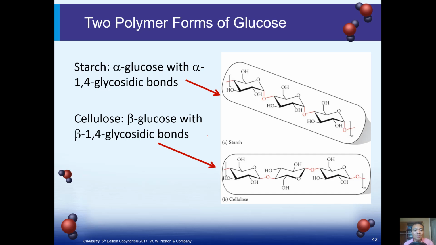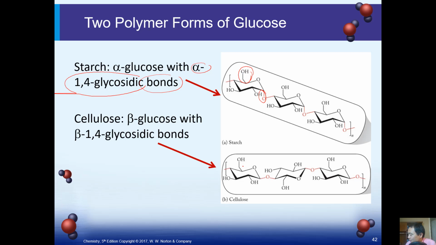You can also form a polymer if many monomers condense together. For example, you might form so-called alpha 1,4 glycosidic bonds. I don't want you to know the details, but it might help you if you understand why this is called alpha. Because again, look at this CH2OH and look at this position. It was originally OH, right? They are on different sides of the ring, so that's why this is called alpha.